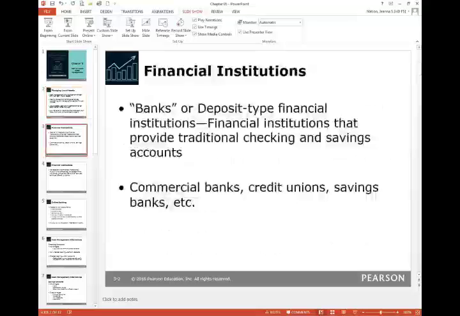So the types of financial institutions that you could utilize when looking at liquid assets would be typical bank or deposit type institutions. These are going to be places that provide traditional checking and savings accounts. These could be large banks, credit unions, savings banks, which typically take deposits, but they don't issue checking accounts.